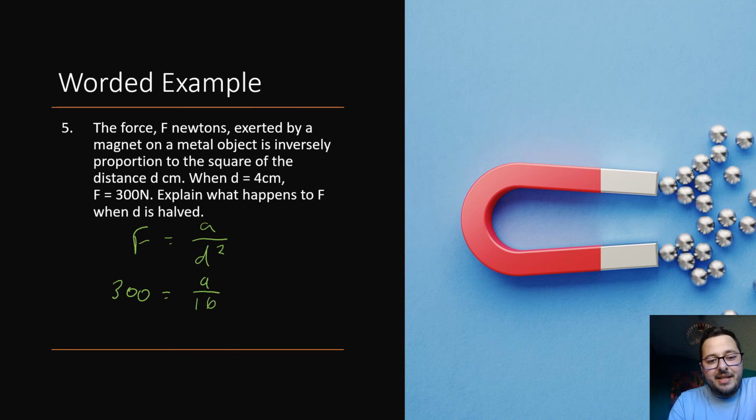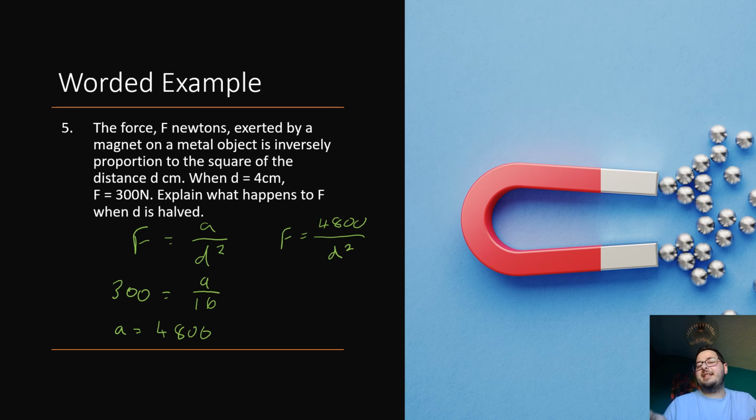Now we can times 16 by 300, and that is going to give us that A is 4,800. So we can rewrite our formula as F equals 4,800 over just d squared.